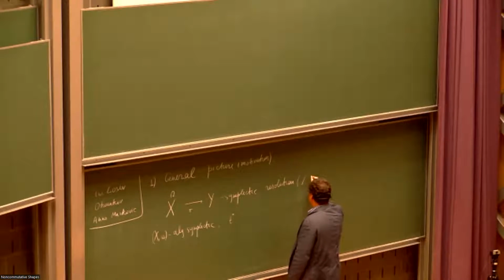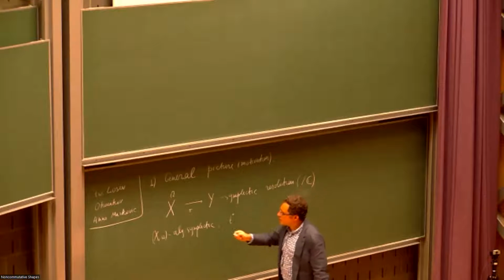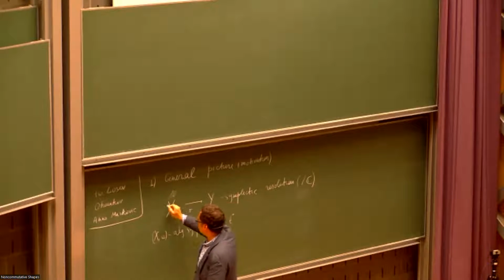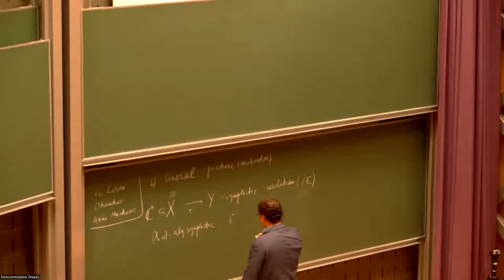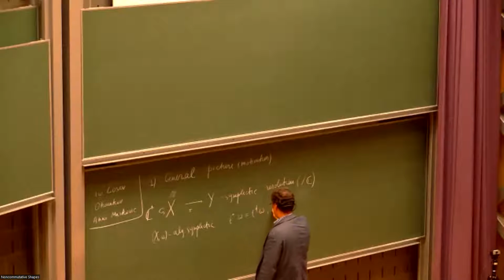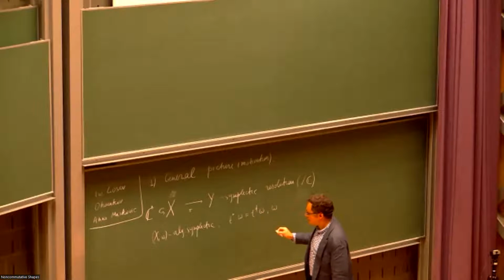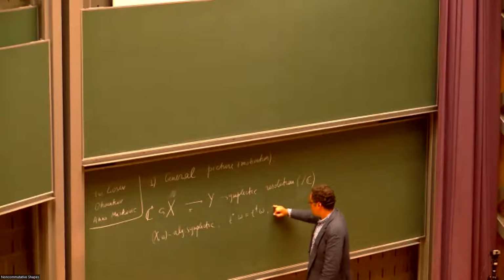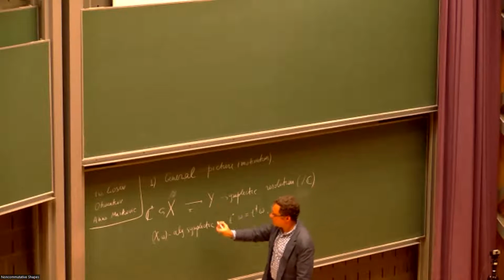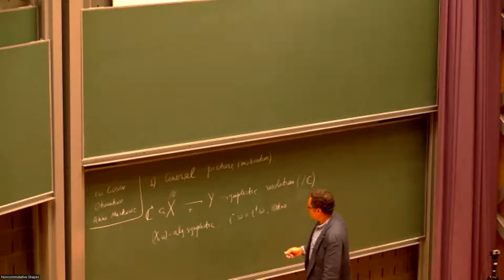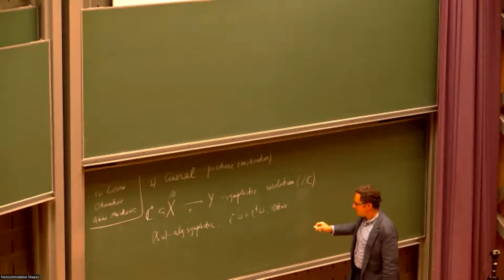Just for simplicity of notation, we can think it's over C, and then there is an action of the multiplicative group dilating the form, and it contracts Y to the point. So Y is affine in particular.